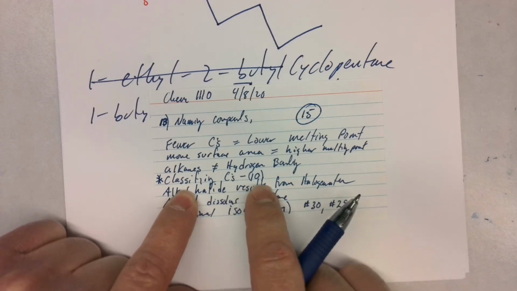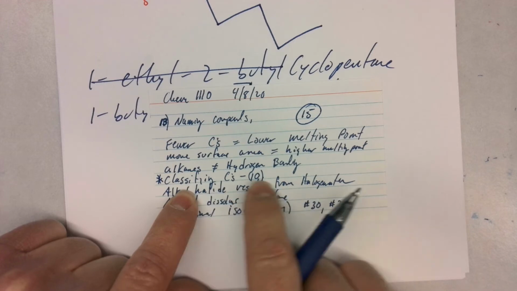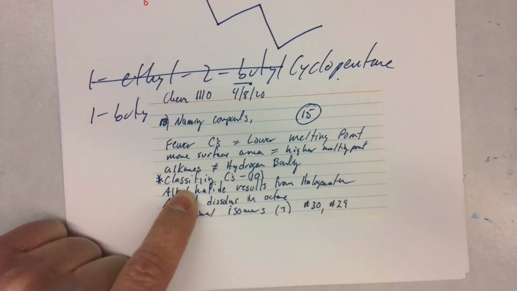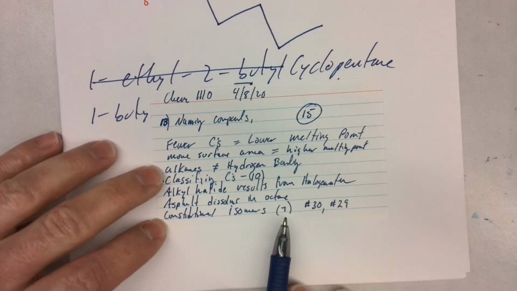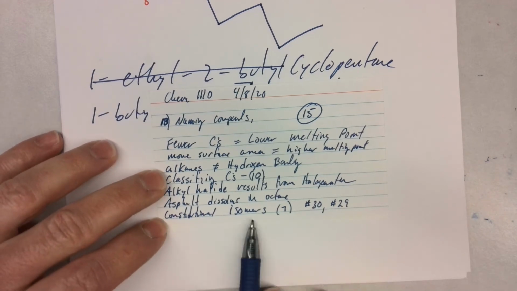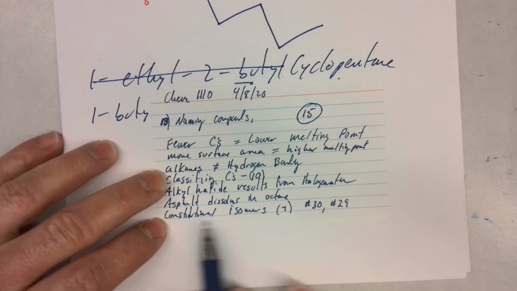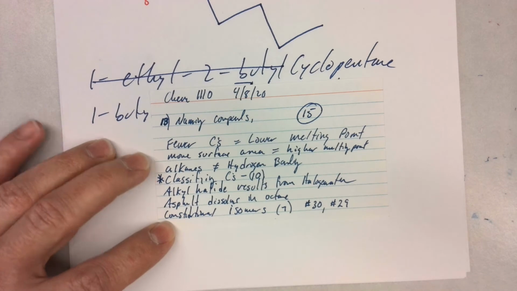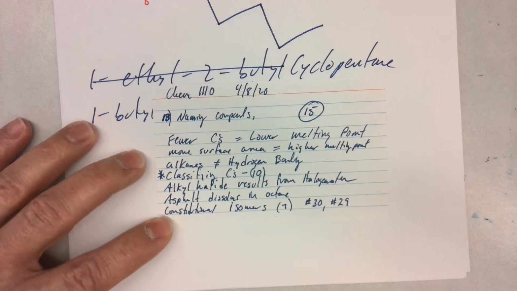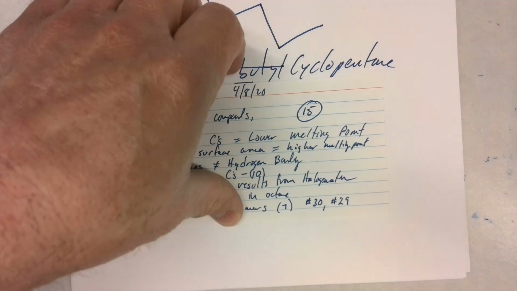There are 10 questions that ask you about them. Okay? To me, these are like the easiest part of the test. Okay? And then down here, there are 7 that are constitutional isomers. So we're going to start today here, and then I'm going to hit some of these other things here, and we'll kind of go from there.